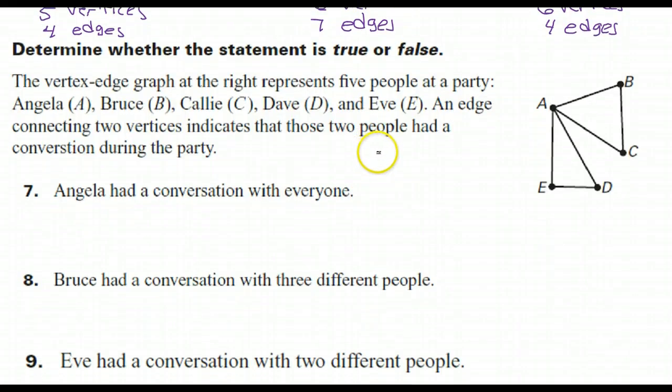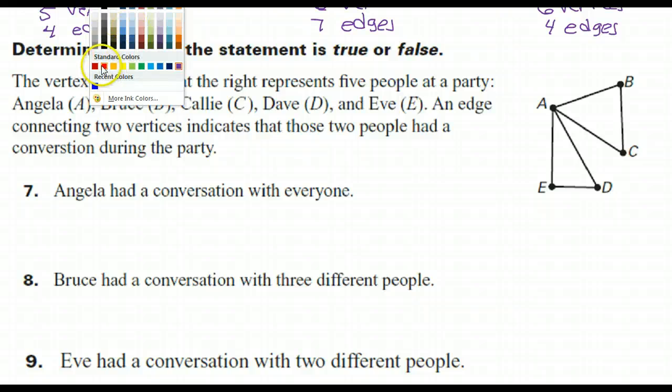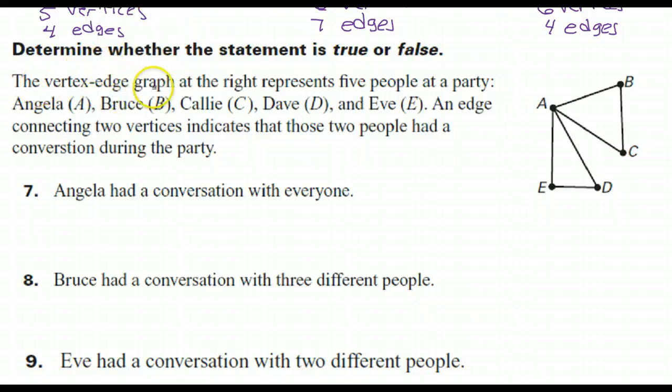Determine whether the statement is true or false. The vertex edge graph at the right represents 5 people at a party: Angela, Bruce, Callie, Dave, and Eve. An edge connecting the 2 vertices indicates that those 2 people had a conversation during the party.